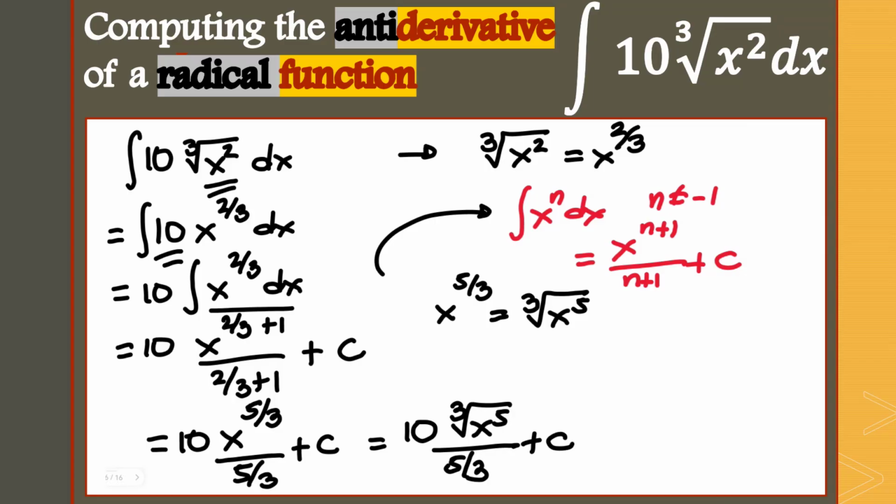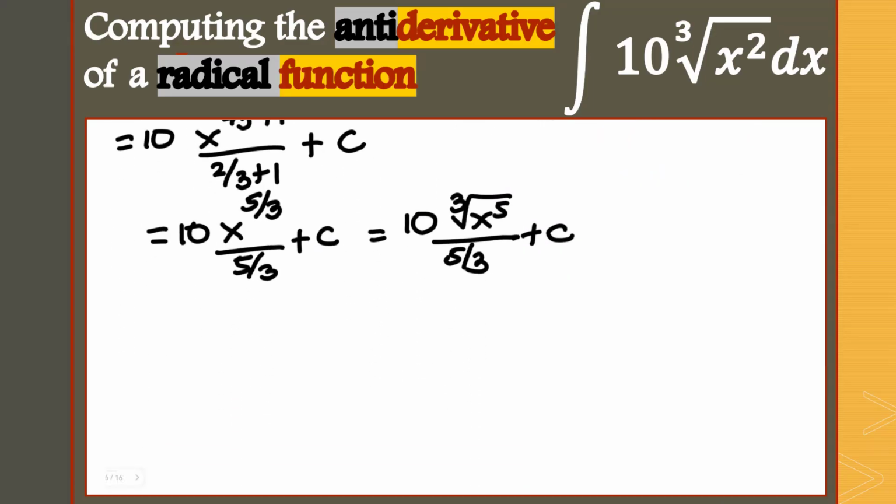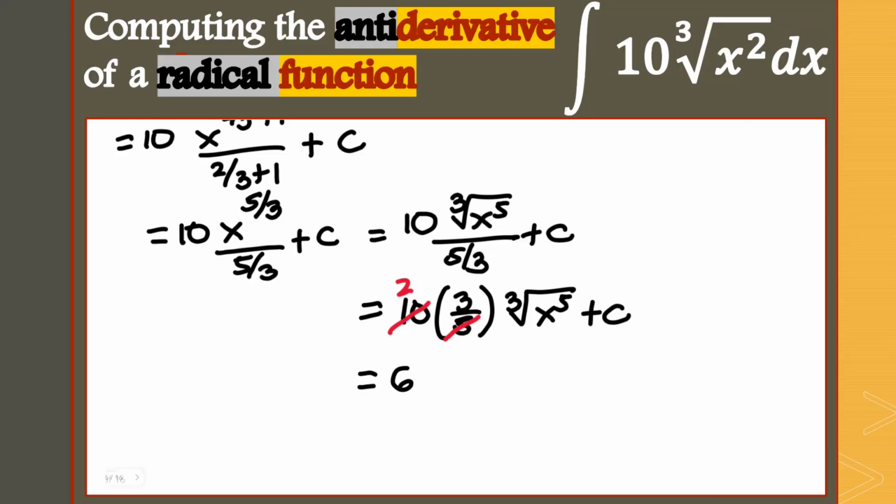Allow me to introduce another space here, because when you have a fractional denominator, you can use the reciprocal of that, as we have 10 times 3 over 5, then the cube root of x to the power of 5 plus c. Because that's the idea of a fractional denominator: you will have to reciprocate that and it becomes another coefficient. Now here you can see that 10 can be divided by 5, leaving 2. So this would be equivalent to 6 cube root of x to the power of 5 plus c.